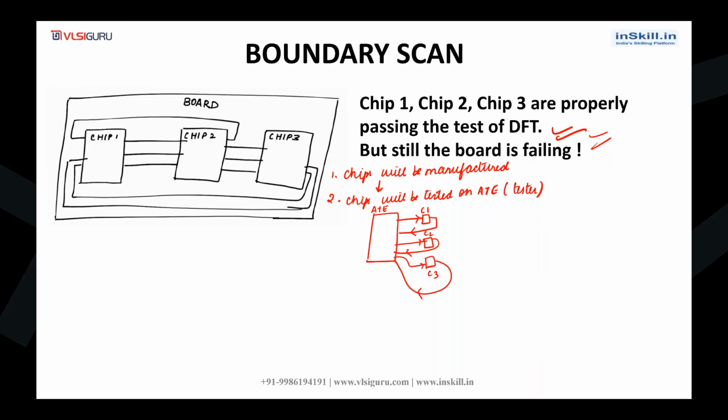Now in this case, chip 1, chip 2, chip 3 have passed their test on ATE. Passed their test on ATE means, as I told in the earlier slide, the output of the chip is equal to the expected output.